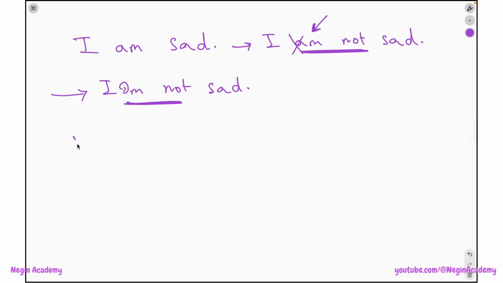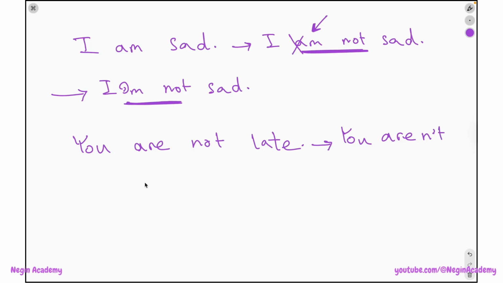And with you, for instance, instead of saying you are not, let me just write the negative sentences. You are not late. We have to say, very good, you aren't late. What happened here, guys? As you could see, here we could contract the not.